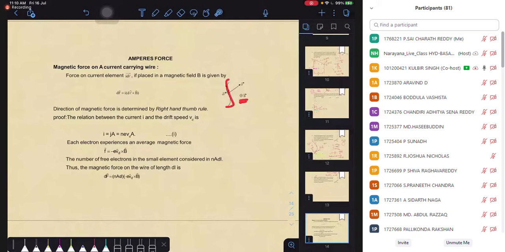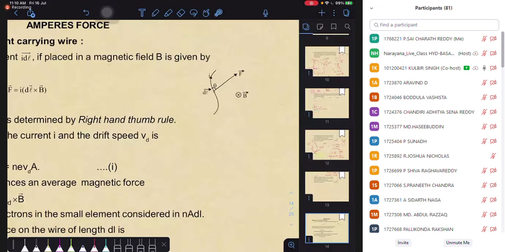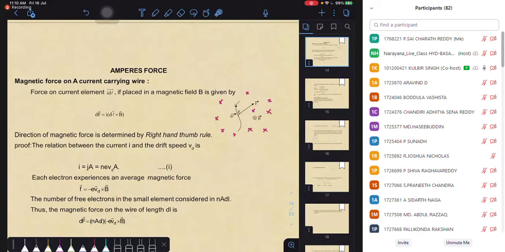fields. If you have a magnetic field, the magnetic field can be created by a magnet. Let's say here is a magnetic field, and when a charge is moving, it will experience a force, and here is a current. Current is also made up of charges. So this current will also experience the magnetic force, and the force experienced by this small part, not the total wire.